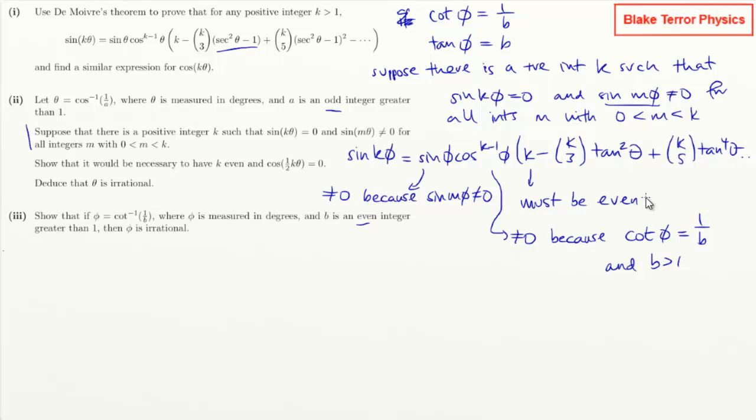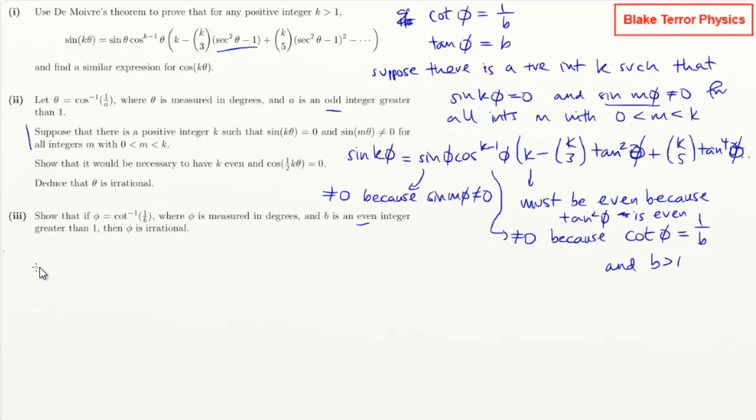So the bracket must be zero in order to get a 0, and otherwise we'd have an odd minus even, even, even. It must be even because tan squared phi is even; I've written thetas on these, but they should be phis. Okay, so that's shown once again that we must have even k, otherwise we can't get anywhere.